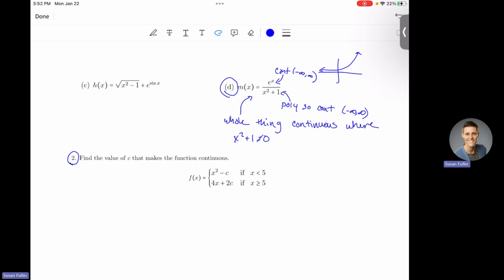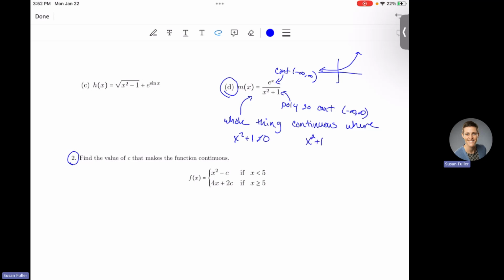Let's figure out where the bottom equals 0, and then we can get rid of those parts, because those are the places where we will be discontinuous. If the bottom equals 0, that's where we would have a vertical asymptote, and we would have an infinite discontinuity there.